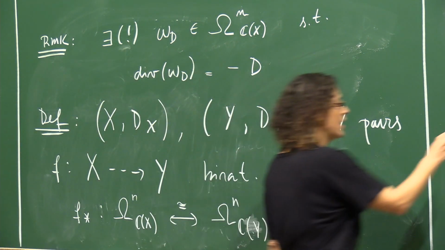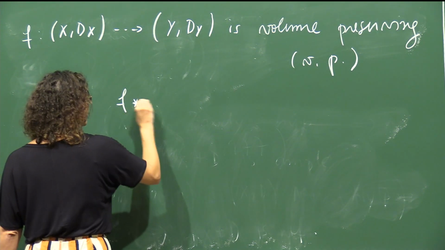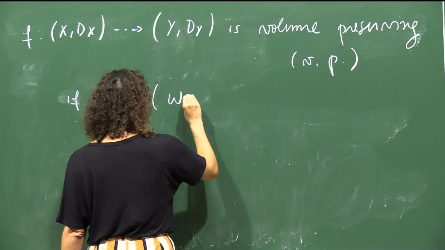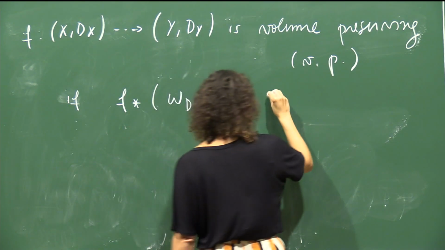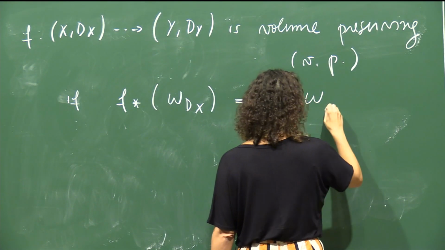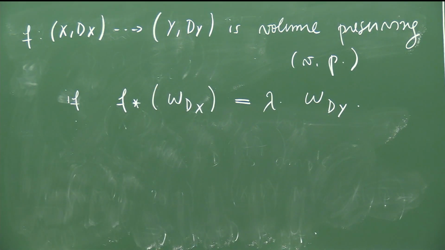So if F star of omega_{D_X} is, up to scaling, let's say lambda times omega_{D_Y}. And I claim that this is a good notion to consider in this category of Calabi-Yau pairs.